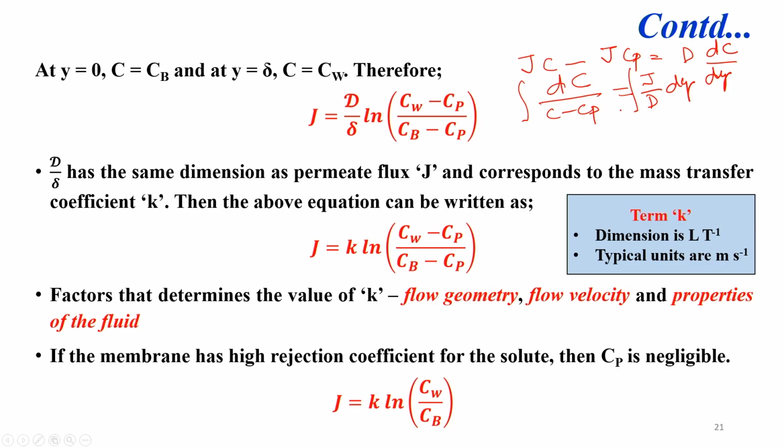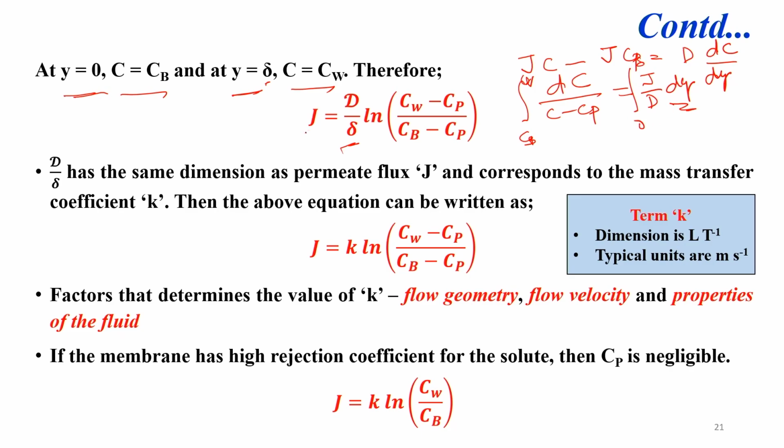We will get J as D upon delta. Delta is the boundary condition. It says when y is equal to 0, C is Cb, and when y is equal to delta, C equals Cw. So, C will vary between Cb to Cw depending on the y, and y will vary between 0 to delta.